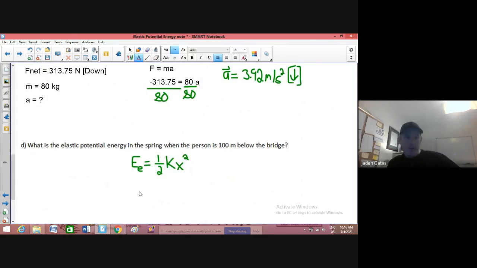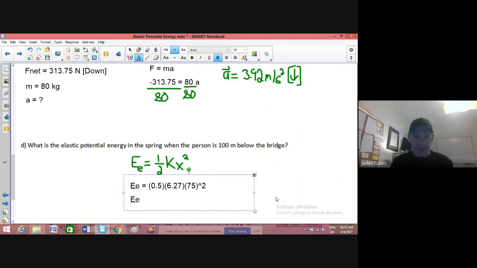All right, so I'm going to plug those two values in. And let's see here. We get EE, our elastic potential energy. Again, I always like to convert a fraction to a number, in this case a decimal. My spring constant is 6.27, and my x value is 75, and it is squared. And again, I got to follow BEDMAS. So I'm going to go 0.5 times my 6.27 times 75 squared.